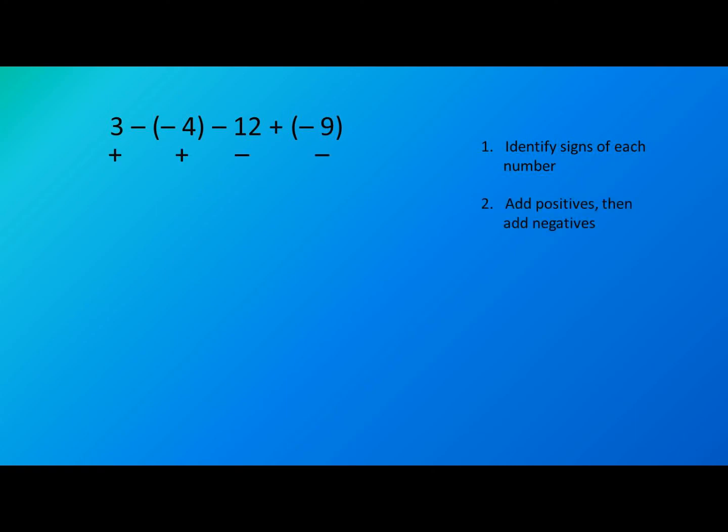The positives are the 3 and the 4, and they add up to 7. The negatives are -12 and -9, and they add up to -21. So we've got 7 minus 21. We subtract the 2. 21 minus 7 is 14. And we use the sign of the larger number, which is the negative. So our answer is -14.